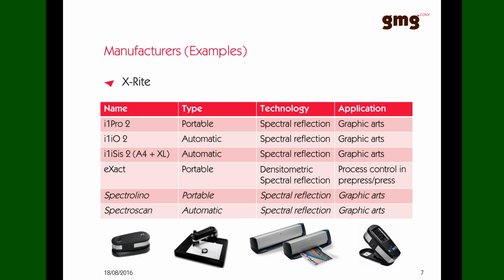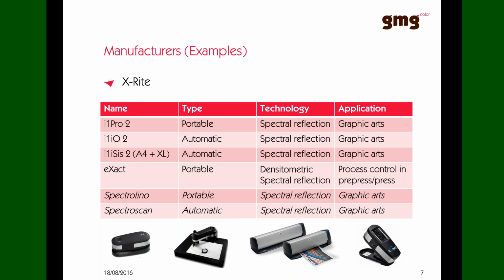So, for example, X-Rite, they have the i1 Pro 2. You see it on the lower left-hand side. It's a portable device, so you can use this device to measure by hand. It measures the spectral reflection, and it's mainly used in graphics arts.